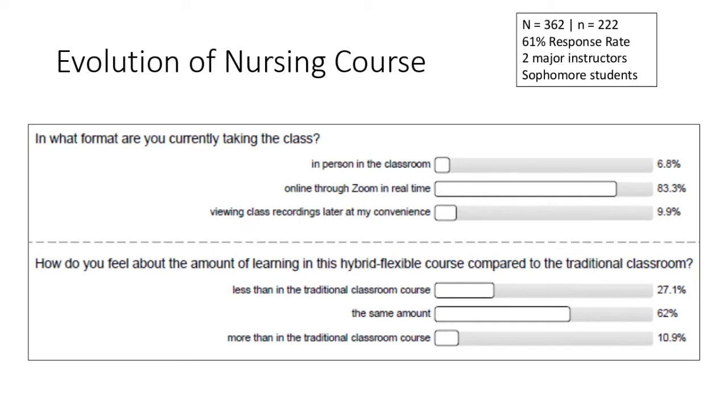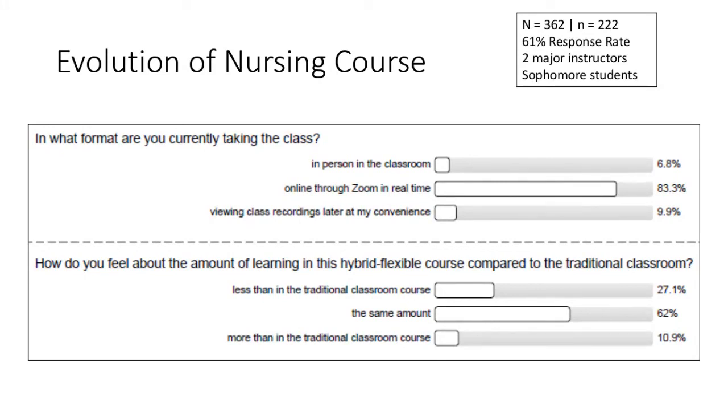So we asked, in what format are you currently taking this class? Because we can't really go by how students registered. There's some migration that occurred over the first few weeks of the semester. So we asked. And notice that the majority are saying online through Zoom in real time, more than 83%.